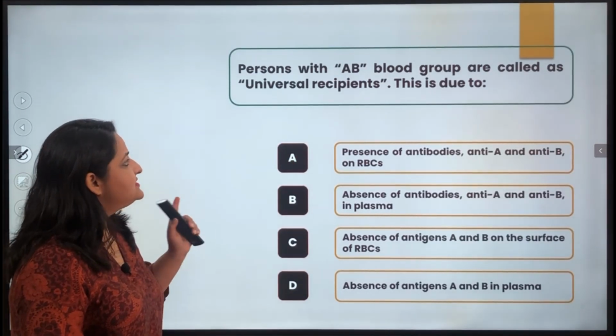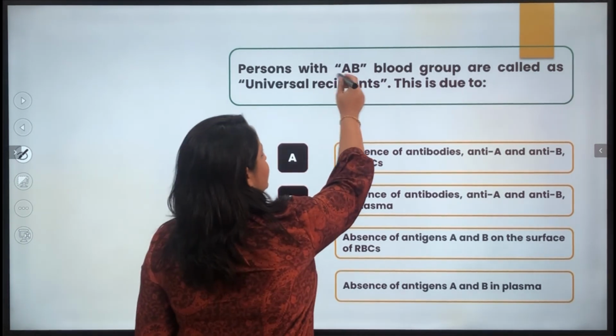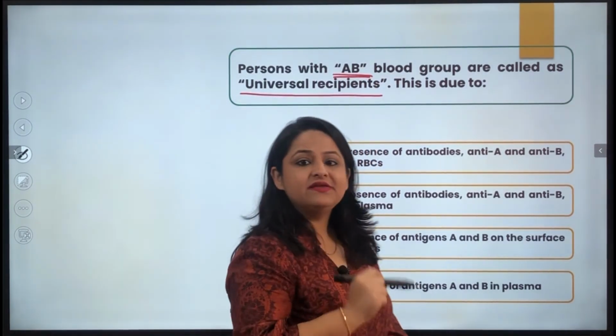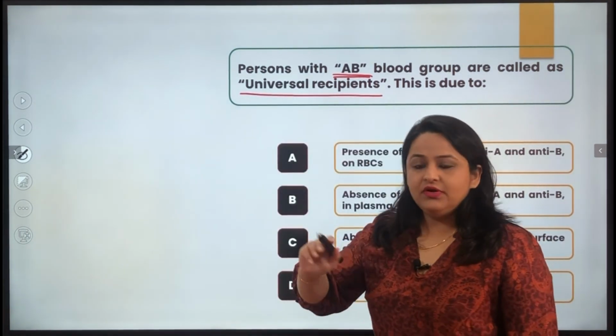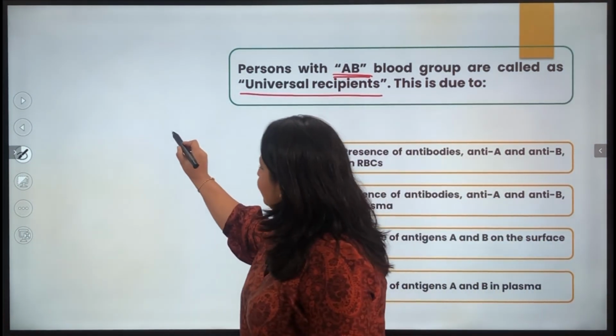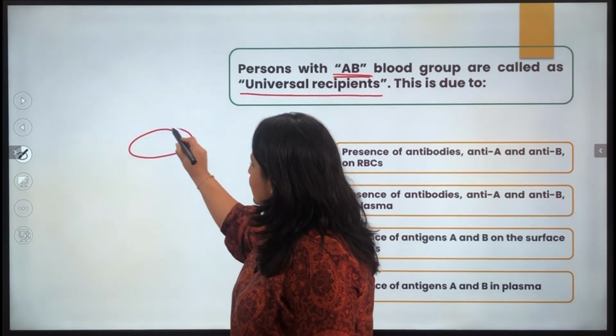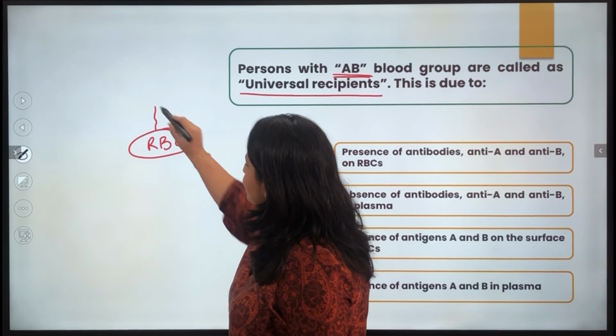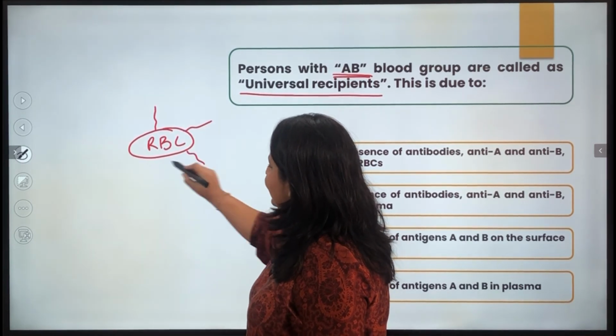This says that a person with AB blood group is known as a universal recipient. What is the reason behind this? Now, the people with AB blood group are the ones who have two types of antigens on their RBCs.